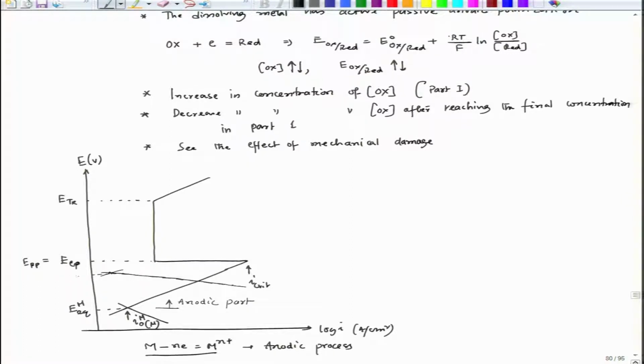This is E1 corresponding to concentration C1 of the oxidant, and this is I0 of ox over metal surface. Here we are considering I0 of ox over metal surface remains constant for all the concentrations.